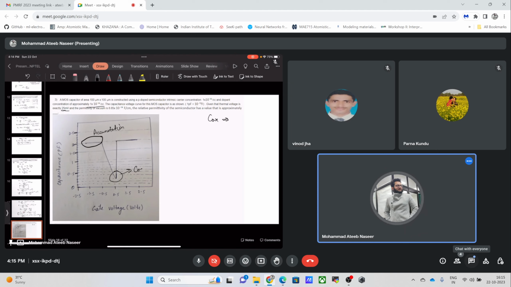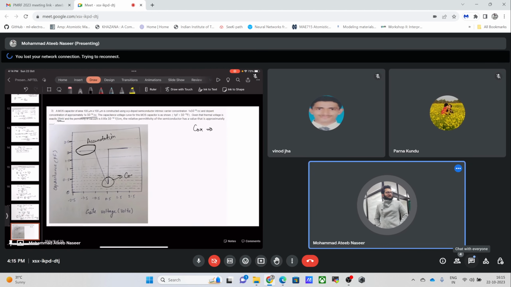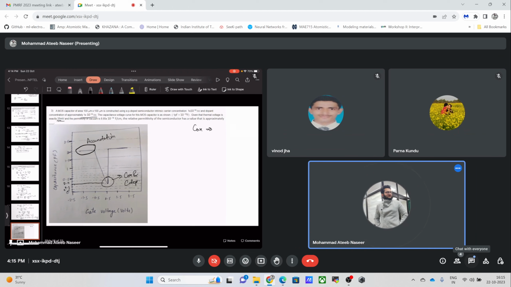So if this is 0.1, this is 0.2, then this value is 0.3 picofarad. So this is 0.3 picofarad. Now if this is 0.3 picofarad, we have found out Cox, and this will be the total capacitance at that particular gate bias value.